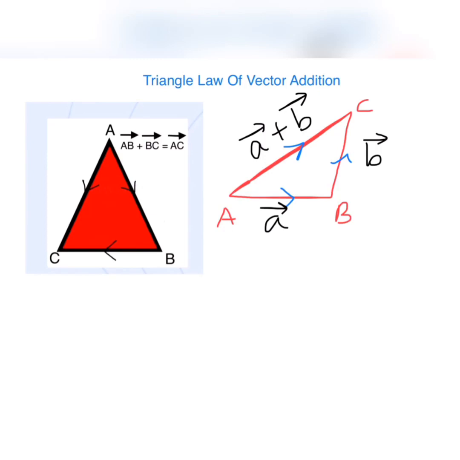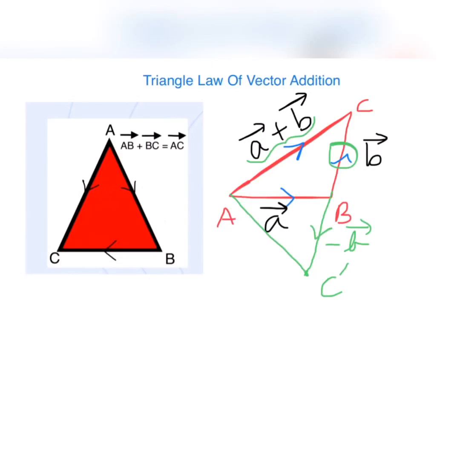We have already seen that when vector A and vector B are added, it gives us vector AC, that is vector A plus vector B. Now consider negative vector B, which will be in the direction opposite to vector B. Let us take this point as C dash and join AC dash.